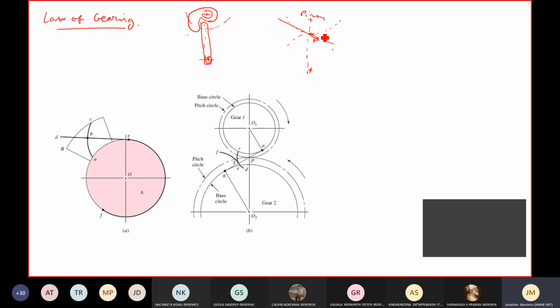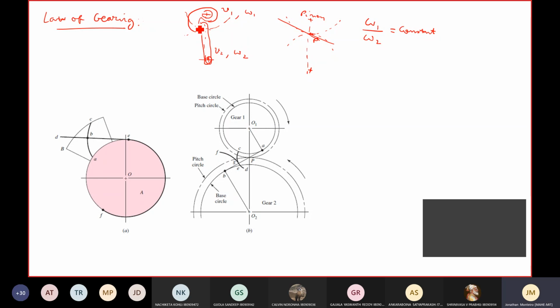And this should have a constant velocity. What we are saying is, suppose this is v1 and v2, or correspondingly you have omega 1 and omega 2. What is the difference? V refers to linear velocity and omega refers to angular velocity. With this in mind, our objective is that omega 1 by omega 2 must be equal to a constant.